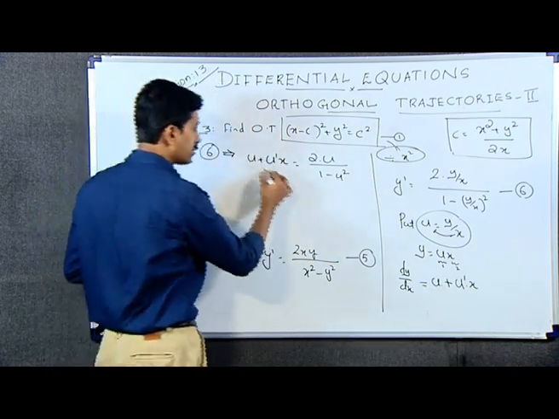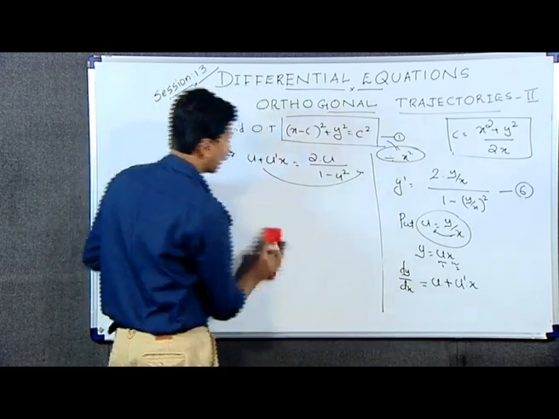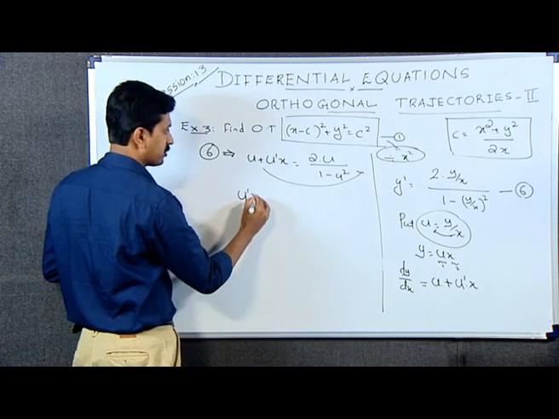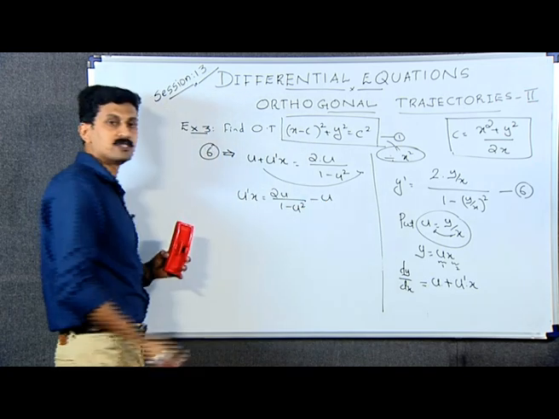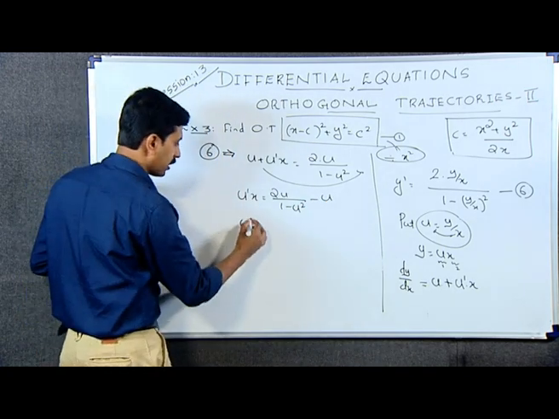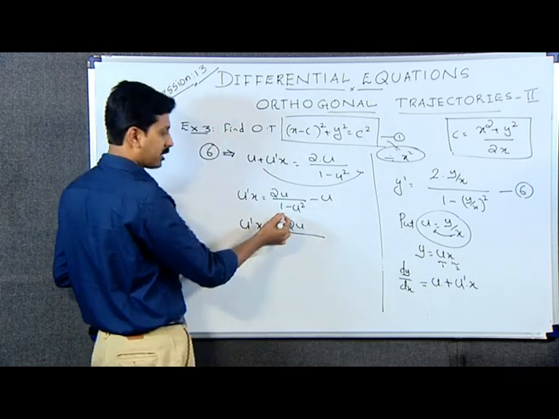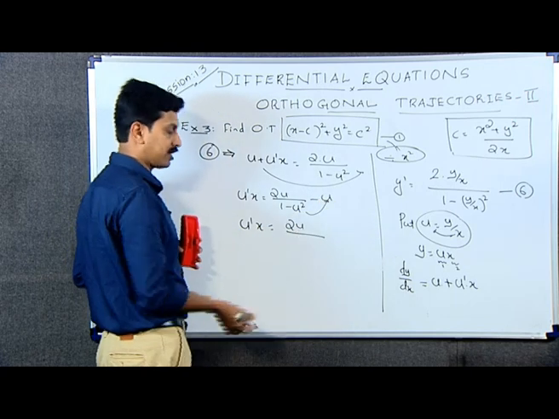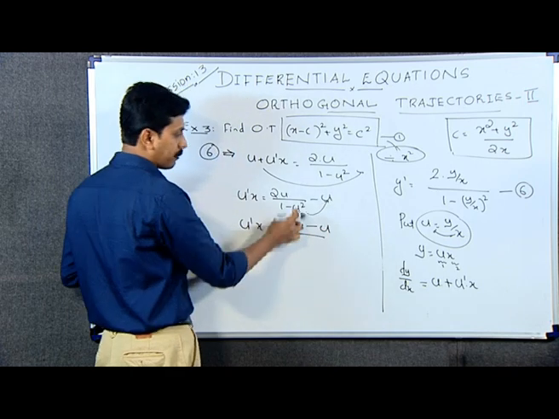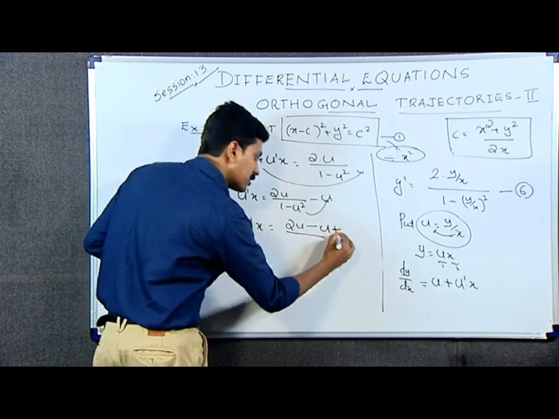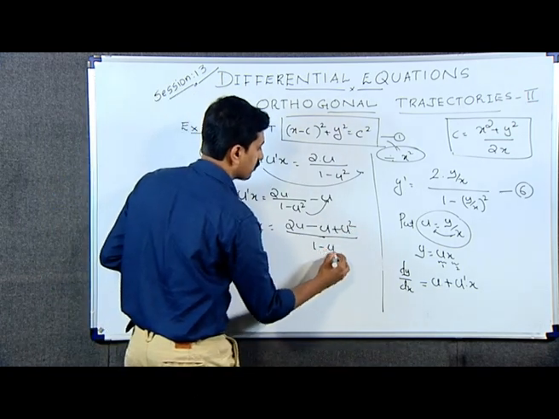Taking this u to the opposite side, plus u will become minus u, therefore u dash of x is equal to 2u divided by 1 minus u square minus u. Therefore u dash x is equal to 2u divided by, taking 1 minus u square here, multiplying 1 into minus u gives minus u, and minus u square into minus u gives plus u cube, the whole divided by 1 minus u square.